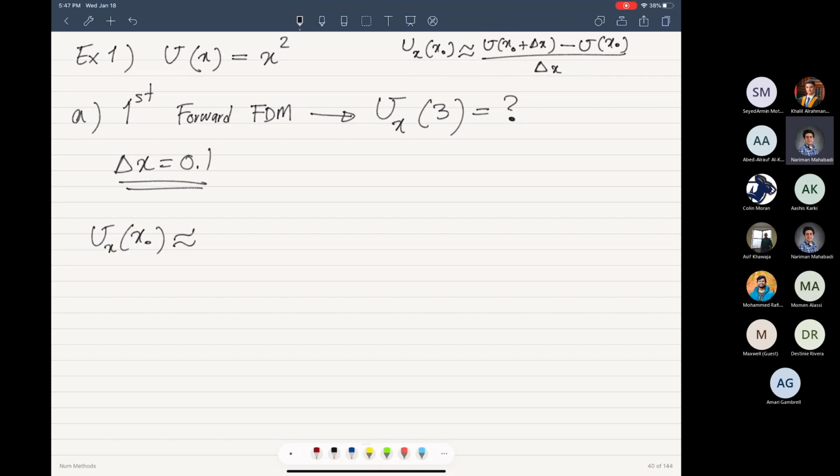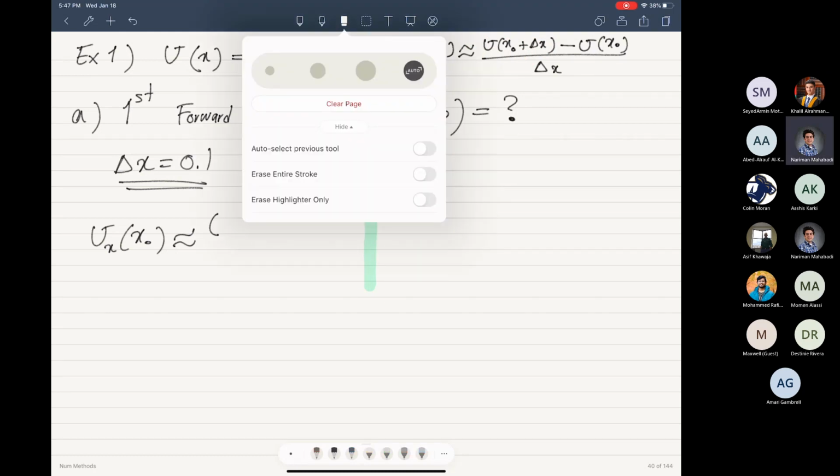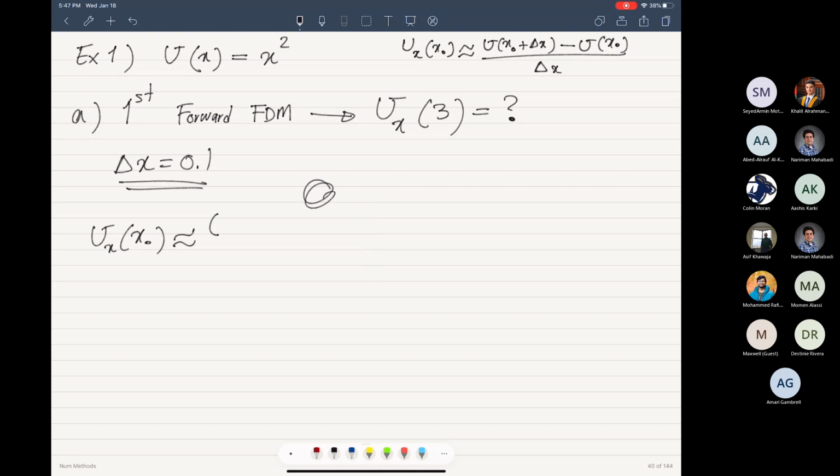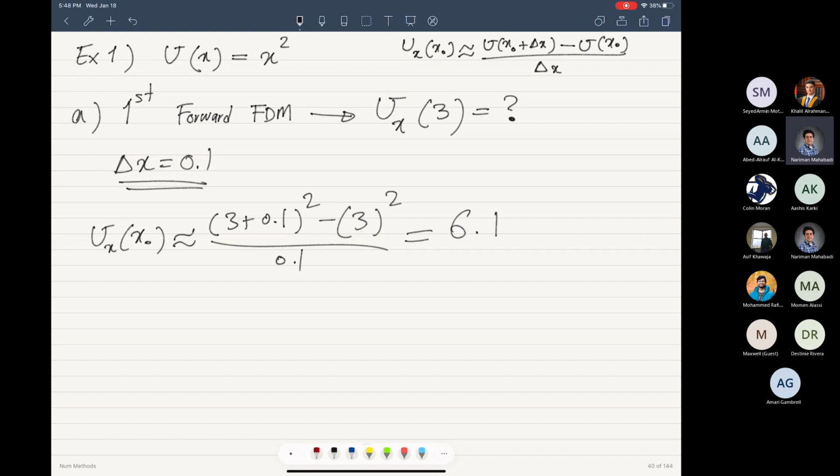My unknown function is going to be x squared. So this term is going to be 3 plus the step size, which is 0.1, to the power of 2, minus the second term, the unknown function at x naught, which is only 3 to the power 2, divided by the step size, which is 0.1. So this is going to be 6.1, right?